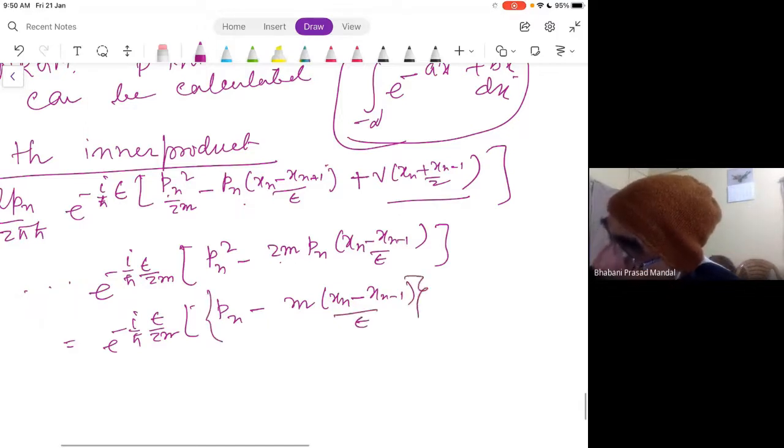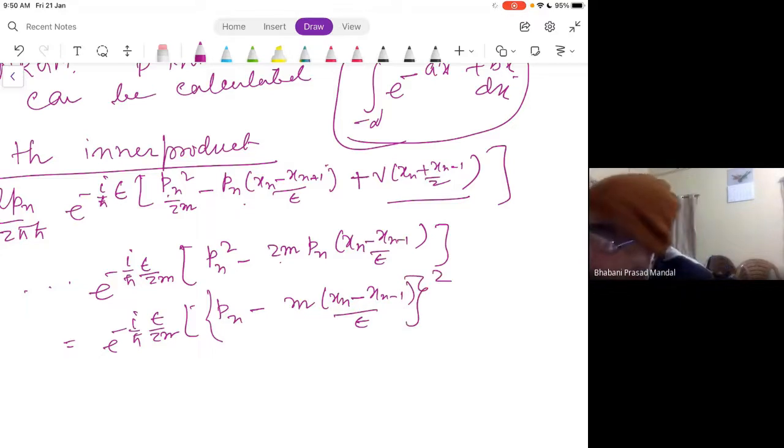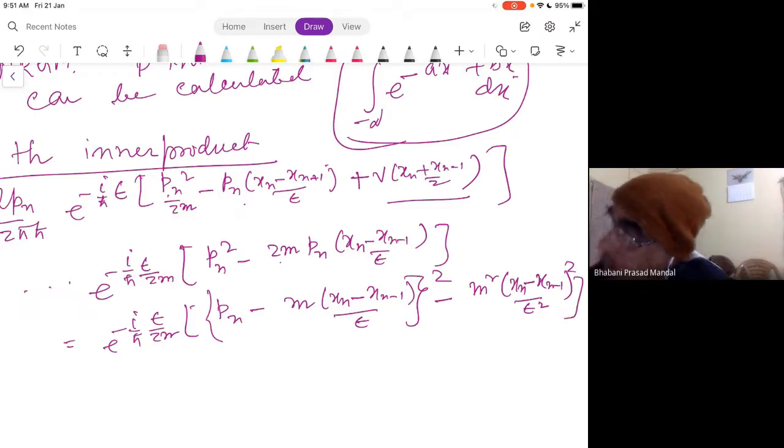I can make a perfect square, and I have to subtract the extra term, m square x epsilon square. So what is the remaining term? This is the integration, and I'll tell you the result of this integration.